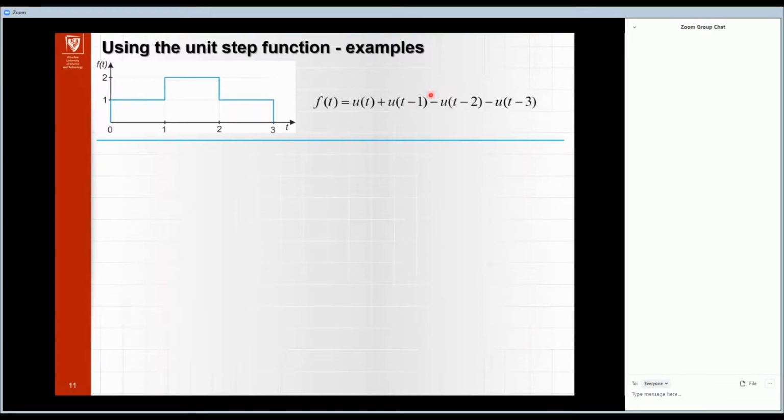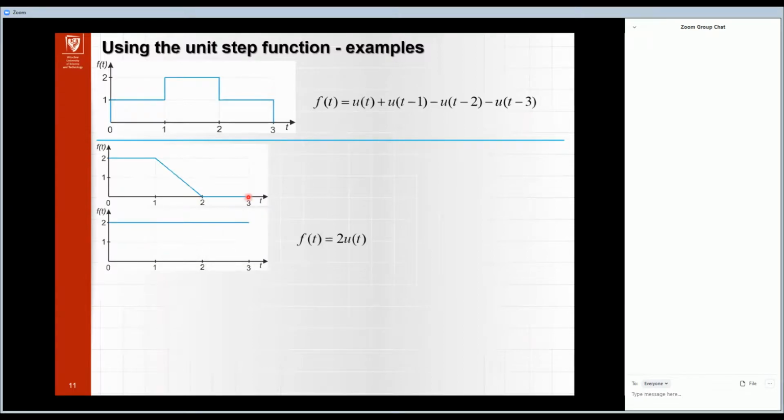So at this moment I should subtract this function. At the end, I subtract this function from t equal to 3, and it is possible to use the unit step function to describe such functions.